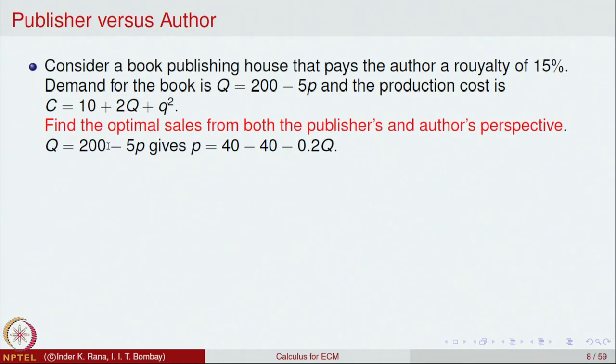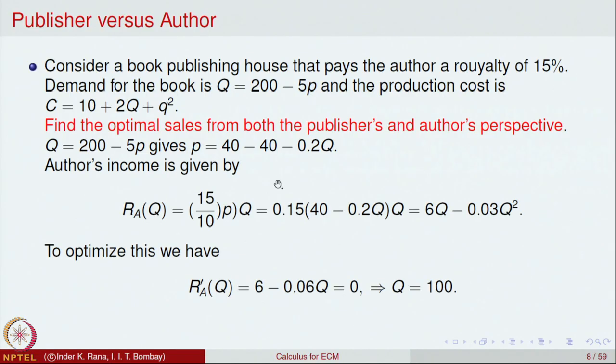So, dividing by 5, that is 40 minus 1 by 5 q. So, that should be 1 by 5 q, and so there is a typo here. Okay. So, let us see if that is corrected. Yeah. So, that is 40 minus 0.2 q.